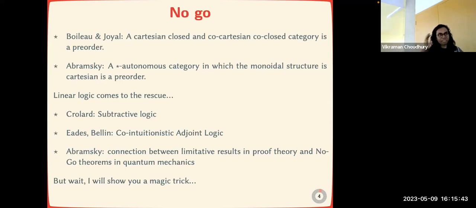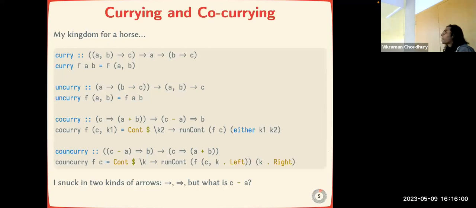And indeed, linear logic is great. Because linear logic is very successful, everyone starts thinking about these problems using linear logic. And that's good. But I want to take a step back. Let's say we did not have linear logic. I can still show you subtraction. If you just allow me to squeeze in this double arrow, here is currying and co-currying written in Haskell.